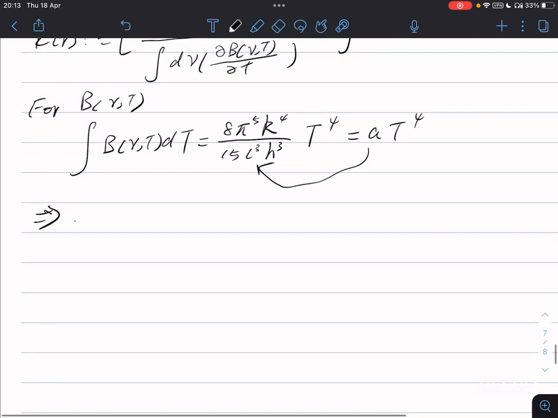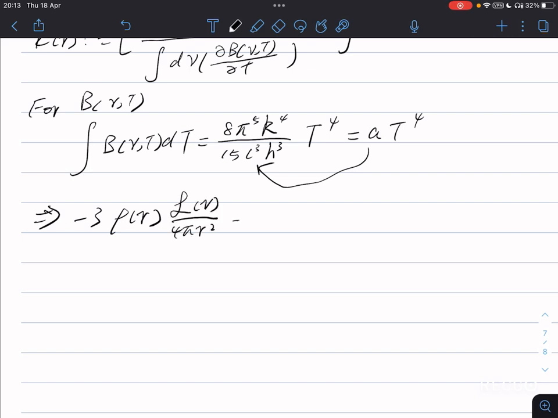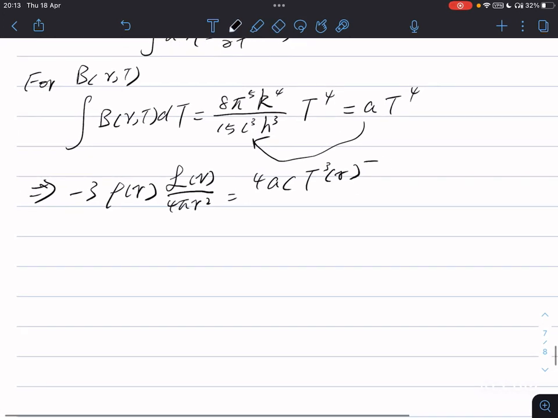We obtain minus 3 ρ(r) χ(r) L(r) over 4πr² equals 4ac times the third power of T times T′ over π r.